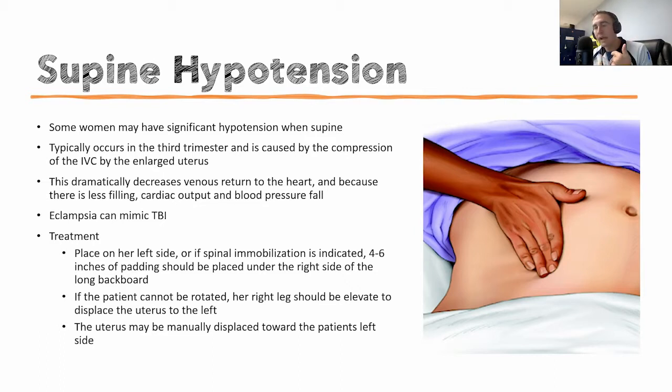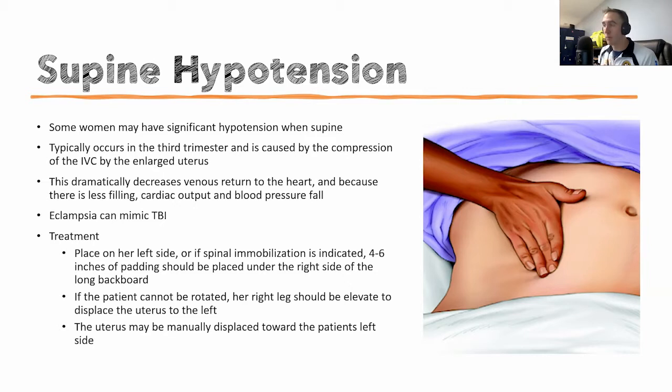Also, a pregnant patient that is eclamptic can mimic TBI. So if you have a pregnant patient that was involved in an accident, you might need to differentiate between TBI and eclampsia, because traumatic brain injury can cause seizures and it can cause hypertension.